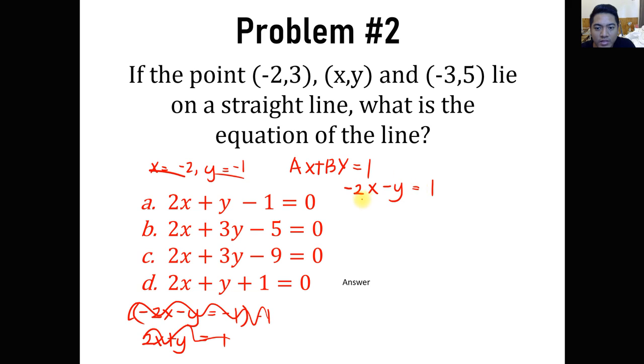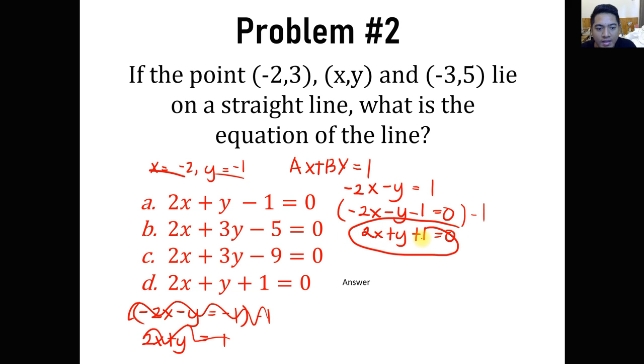So if I'm going to transpose this one on the left side, you have negative 2x minus y minus 1 equals 0. If I multiply this by negative 1, we will be having the choices. So you have 2x plus y plus 1 equals 0. Okay? And that is our answer, letter D.